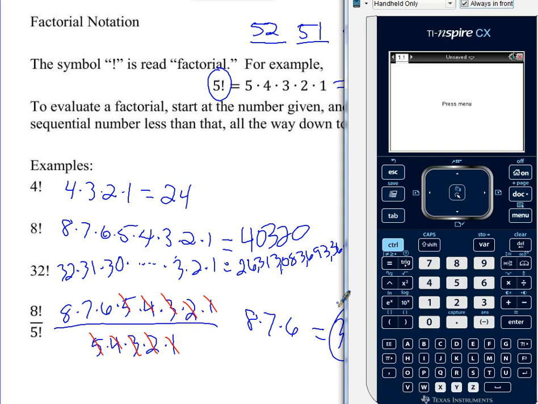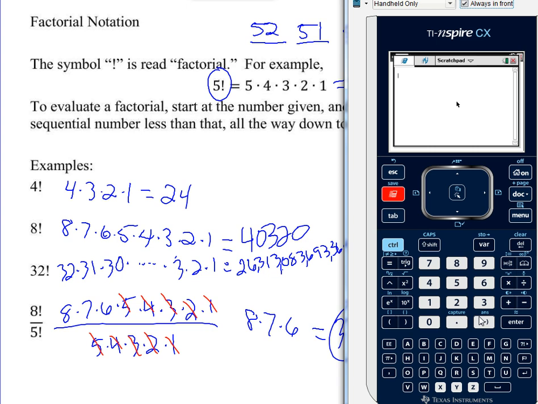And of course, there's a button on the calculator that will let you do factorial easily without having to write all that junk down. So on your calculator, go to the calculator portion. You asked me if there was a trick. You didn't ask me if there was something on the calculator that would let us do it easier. So let's do 8 factorial.